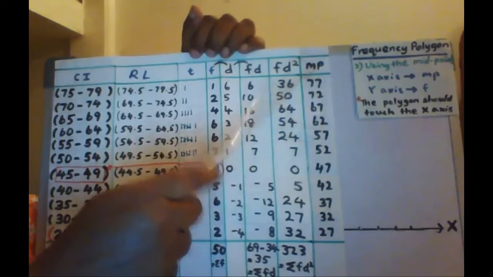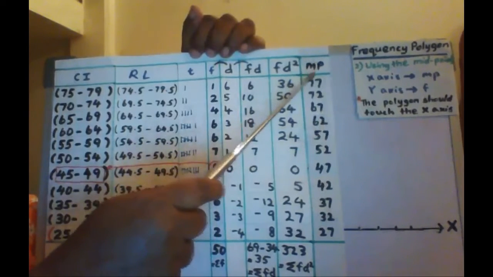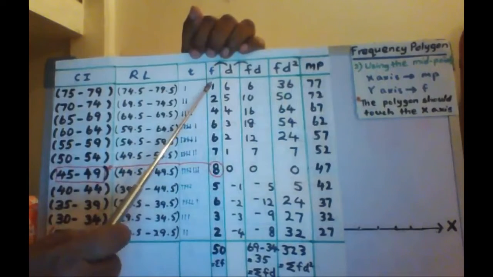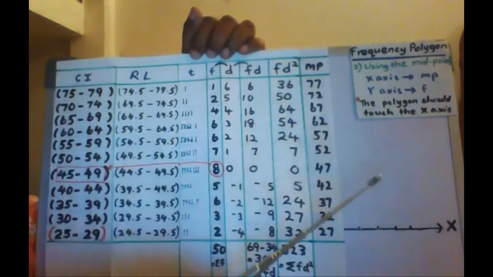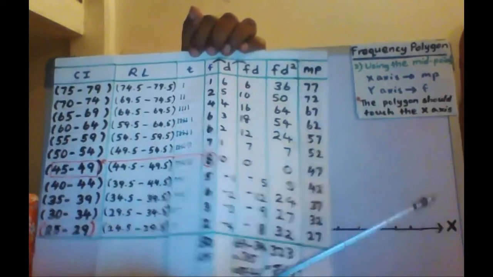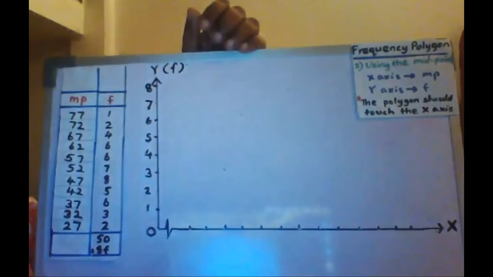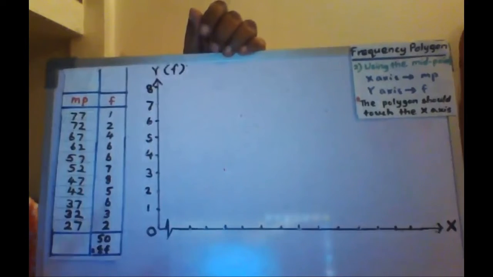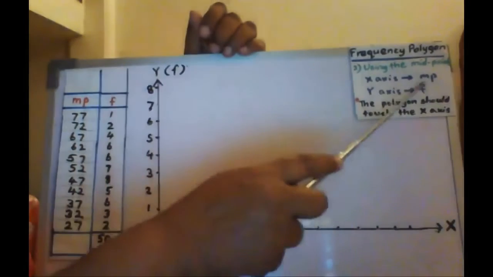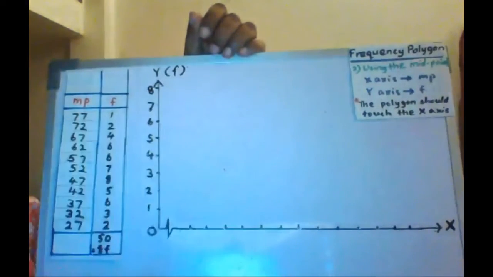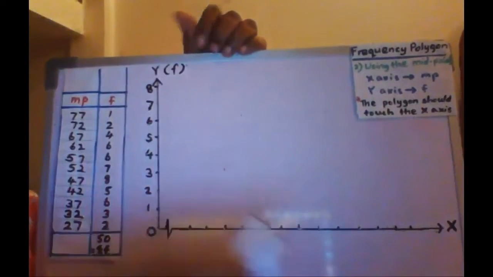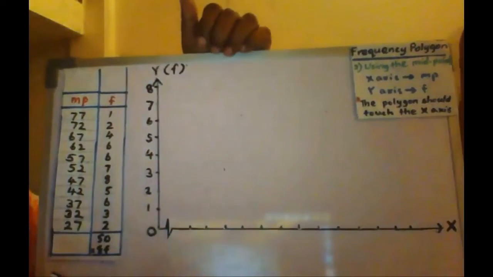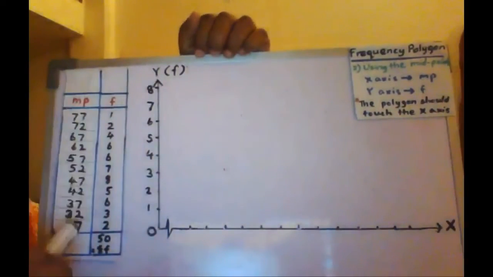For that we'll have to take out these midpoints and frequencies separately and draw another table like this. Midpoints and frequencies. That's what we need, right? Now, midpoints.